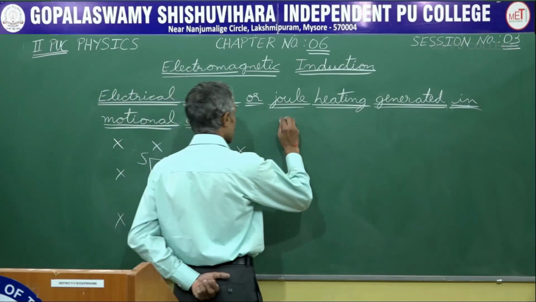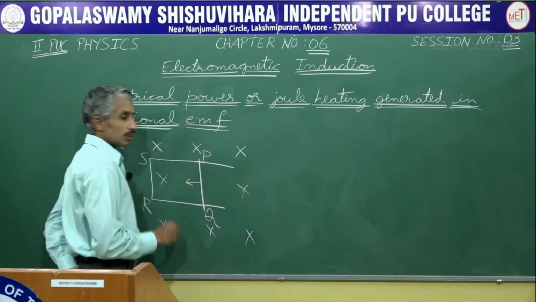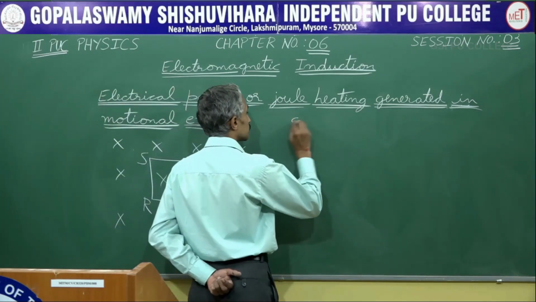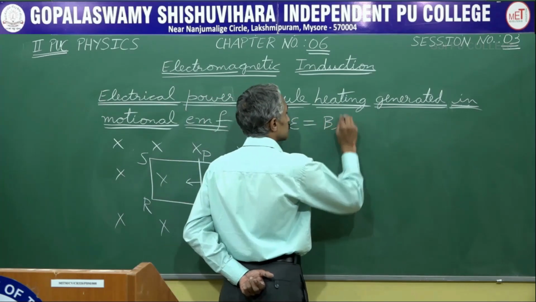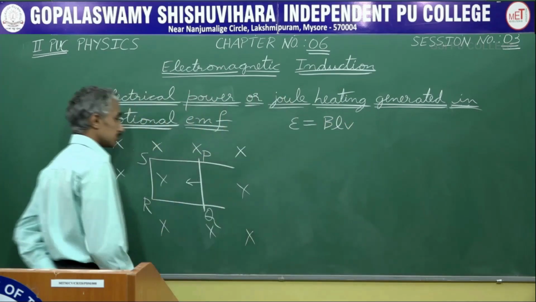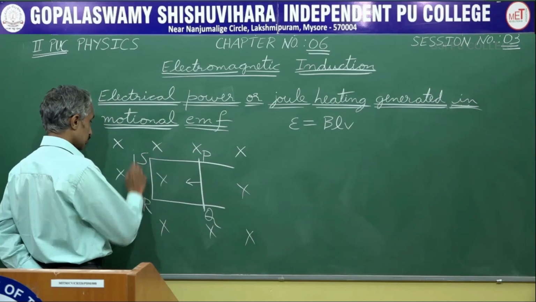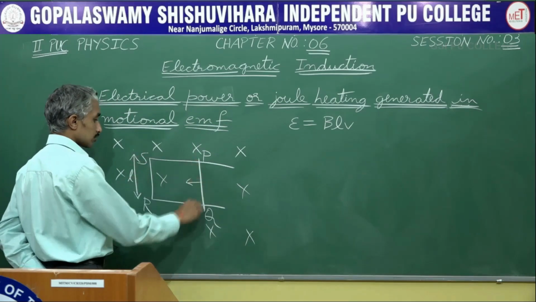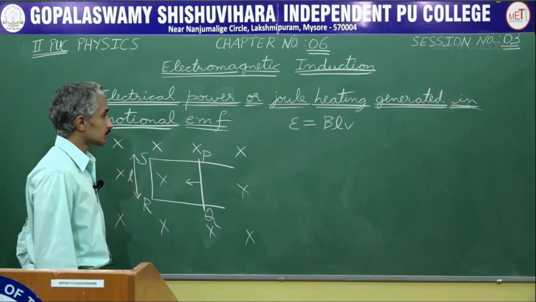So, the EMF generated in the coil is now given by B L into V, where L is the length of the moving conductor.